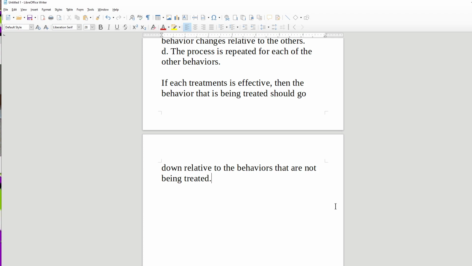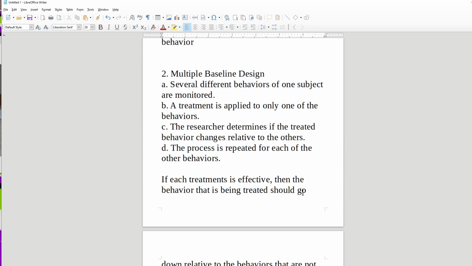All right, well, you might see a problem with this. Let's think about this. The second week, after we've already measured them all the first week and weren't treating anything, we're going to treat him for getting up out of his seat. And we're only going to conclude that our treatment for keeping him in his seat works if that behavior goes down relative to the amount of noise he makes, the amount of time he spends bothering other kids.